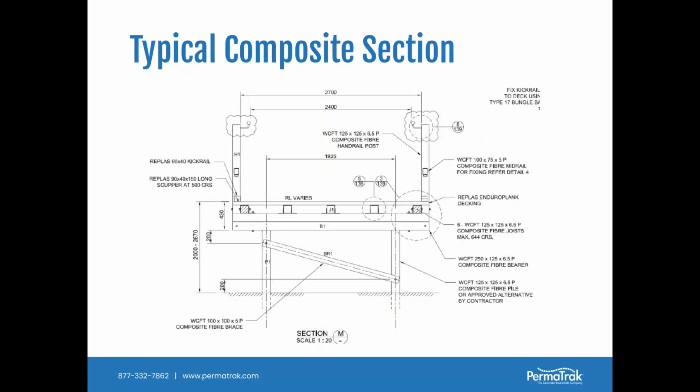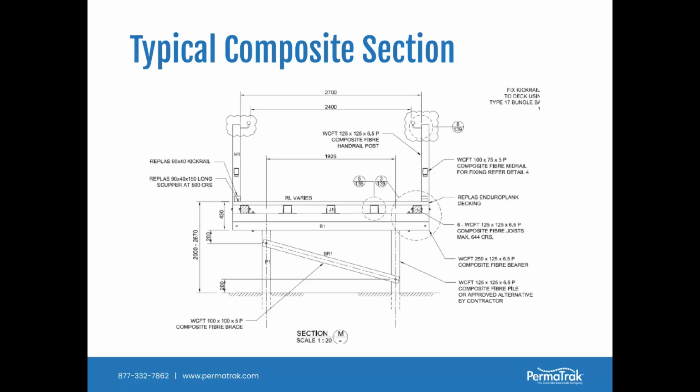Another type of material that's come on the scene, I would say in the last 20 years, is a composite pile. I'm showing you three different material types. There are many others, but composite boardwalks can be just that: a fiberglass type system. The piles, the stringers and the headers, the cross section might look very similar to a timber boardwalk, but the walking surface would also be made out of a composite material.